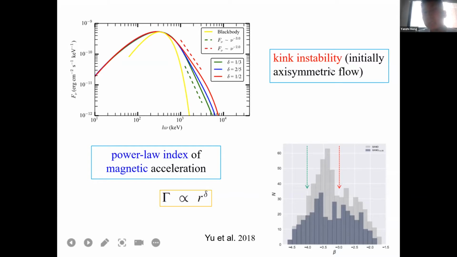But if the jet is initially an axisymmetric flow, it can be accelerated by the kink instability. So the index can be larger, maybe a half. Considering these two accelerations, we got the index to be -4 to -3.